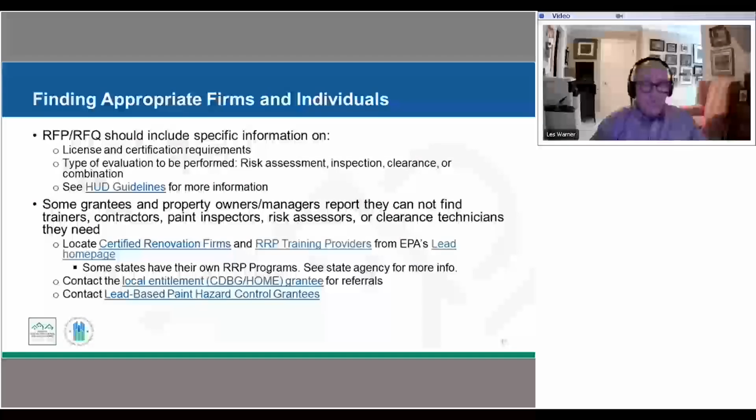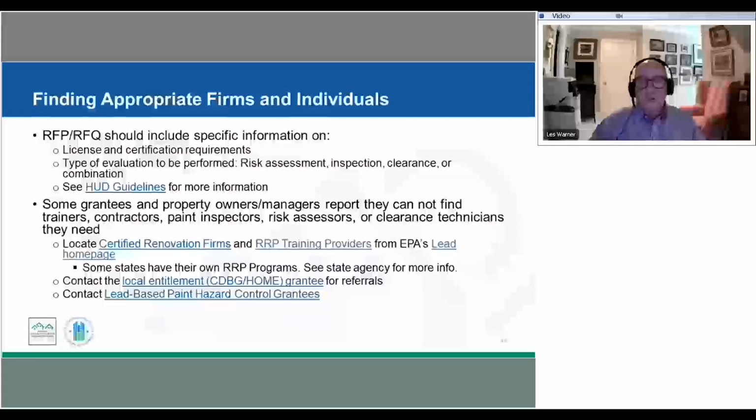Also, a couple of other things to note. In some states, there is a state level of an RRP program, and so in those cases, you're going to want to go to those state agencies for information about certified renovation firms, about training providers in that area. Another resource to consider: in most communities, you're going to have entitlement or state recipients that are operating CDBG and HOME programs and completing activities that would trigger compliance with the lead-safe housing rule.